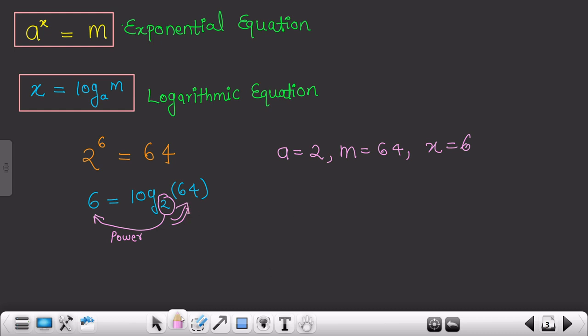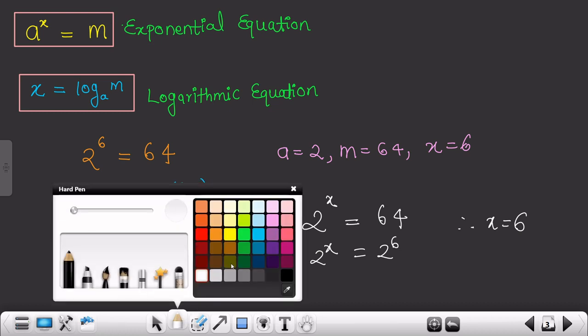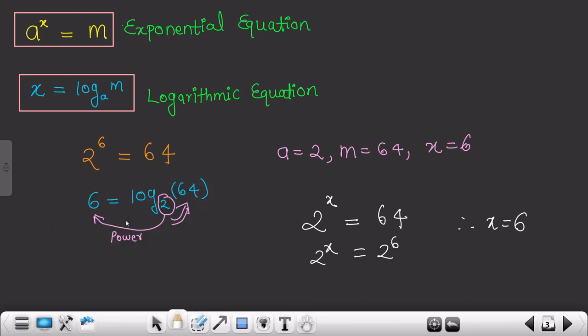Again I'm telling you, by what power you have to raise this 2 such that you end up getting the value as 64, and thus we all know 2 raised to 6 is 64, and therefore x is equal to 6. And this is what both of the equations try to imply. The meaning of both the equations is the same, just the thing is that here it is an exponential equation and this particular equation is a logarithmic equation. So I hope you understood this particular thing.